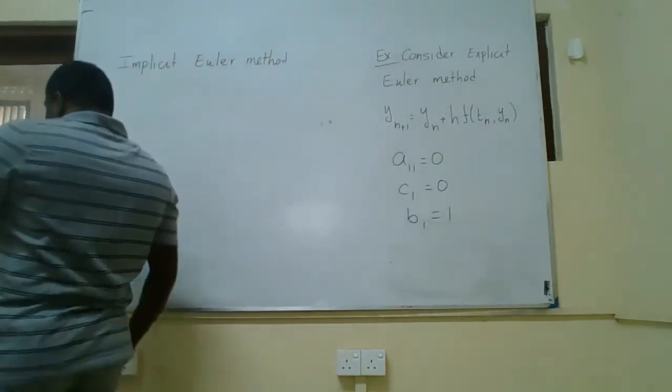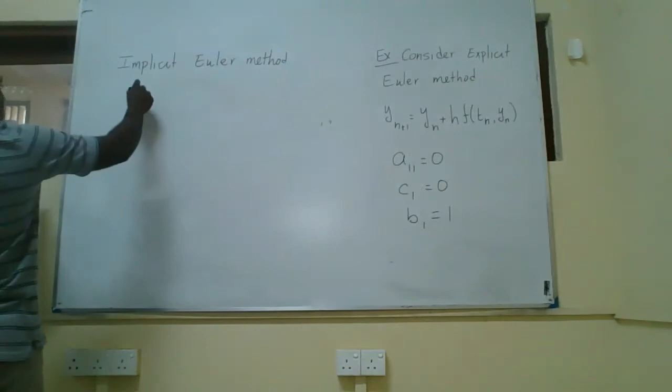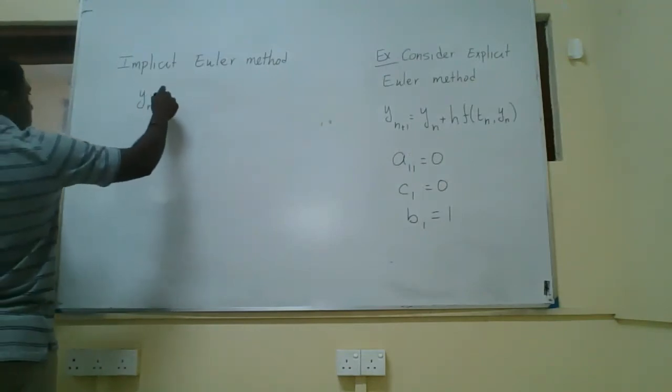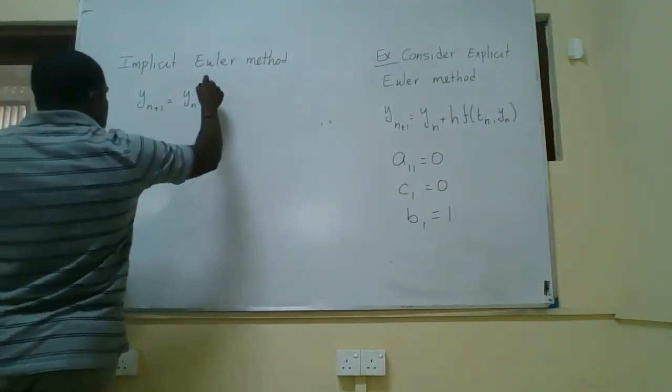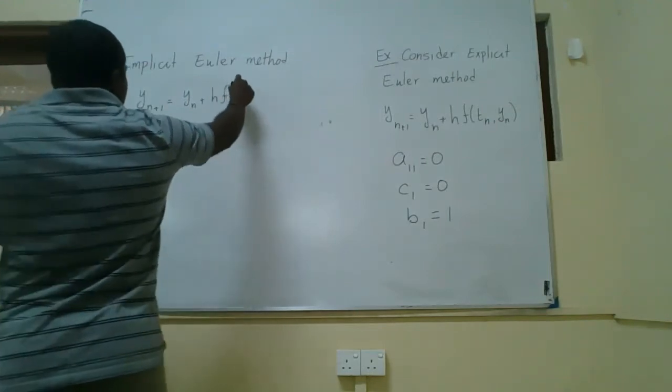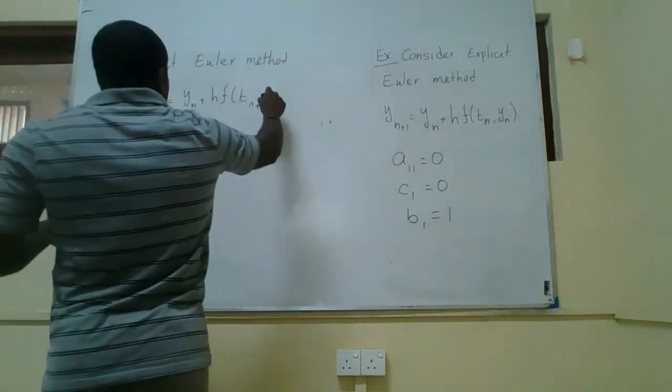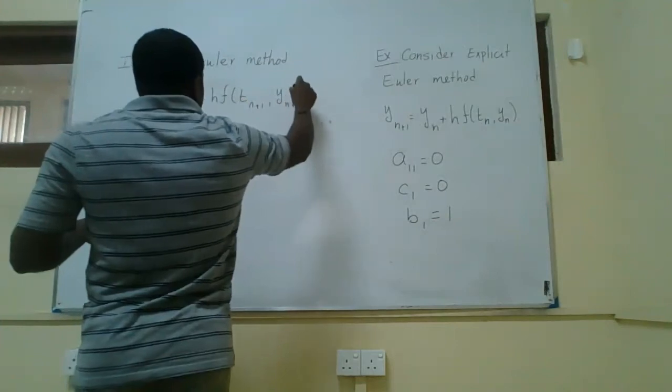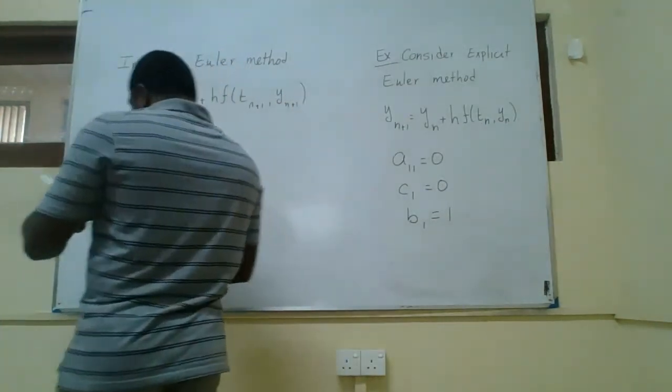Right, so if you look at the implicit Euler method, you know this, right? It is y_{n+1} equals y_n plus h times f of t_{n+1}, y_{n+1}. This is your implicit Euler method.